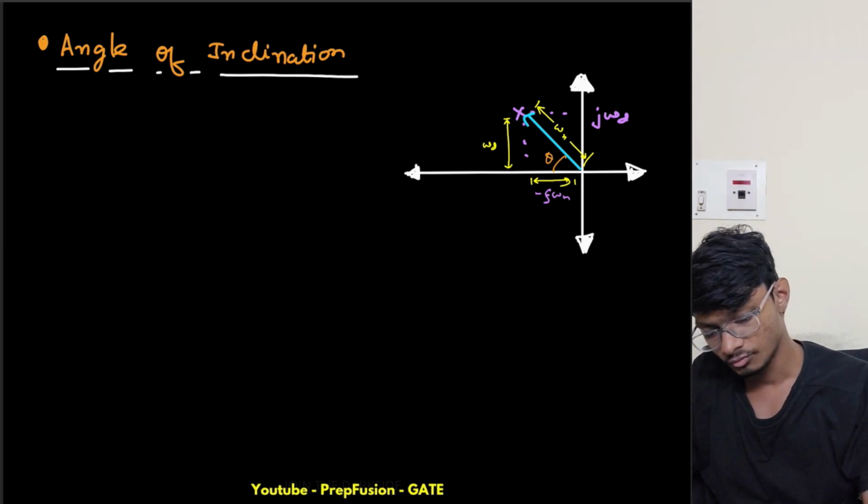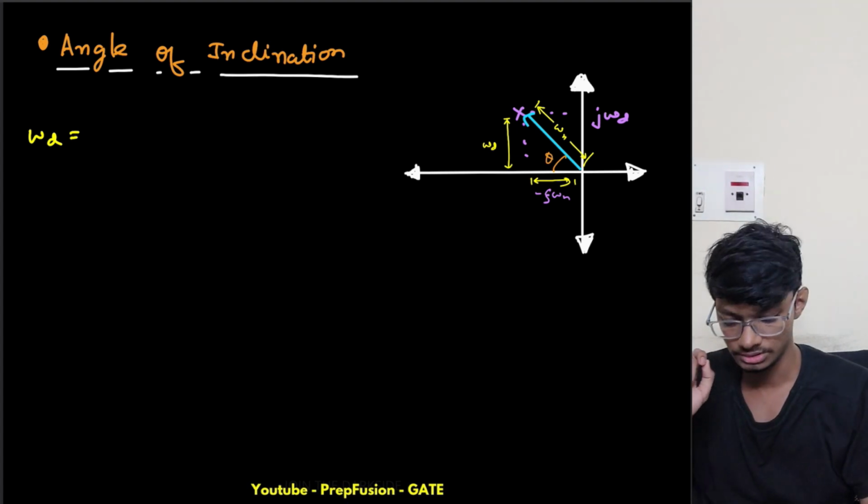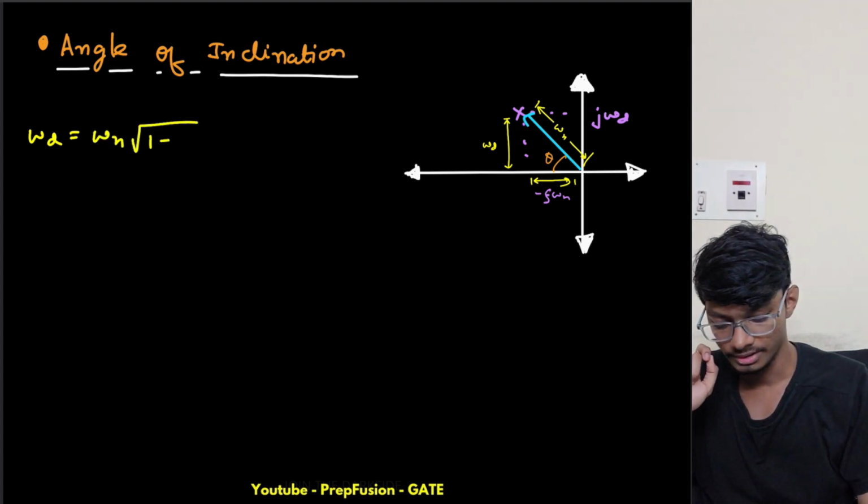So firstly, what is my omega d defined as? What was the formula for omega d? It was omega n under root 1 minus zeta square.